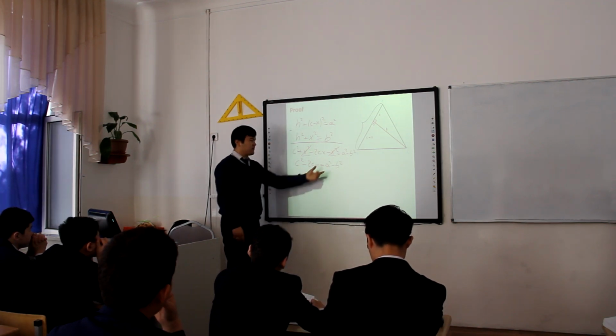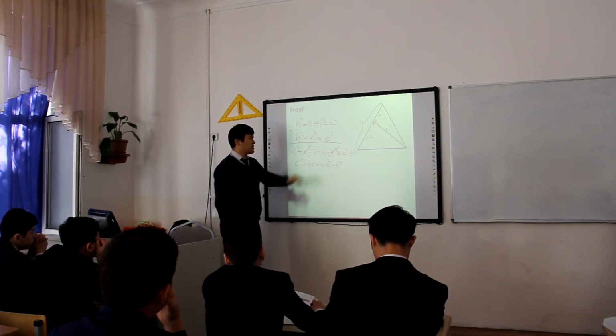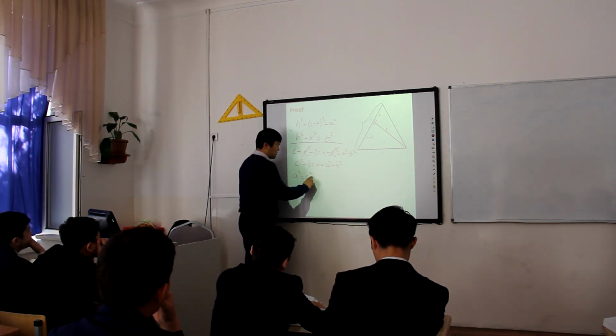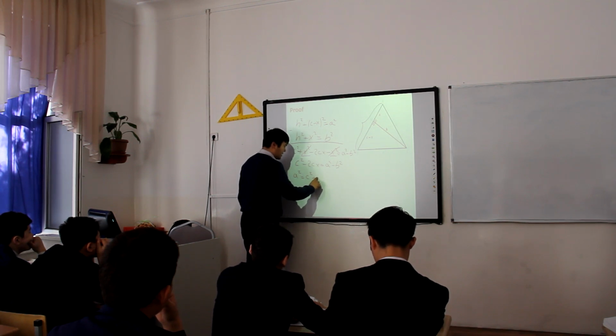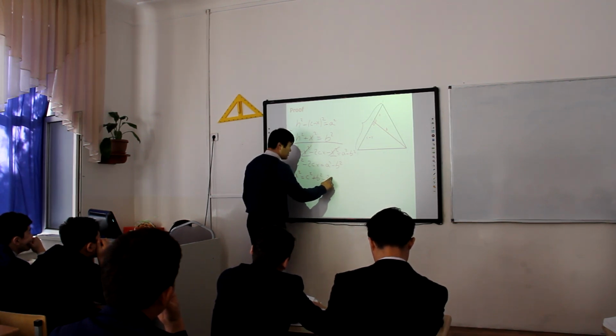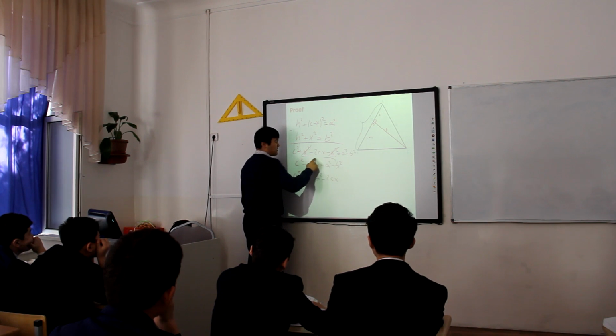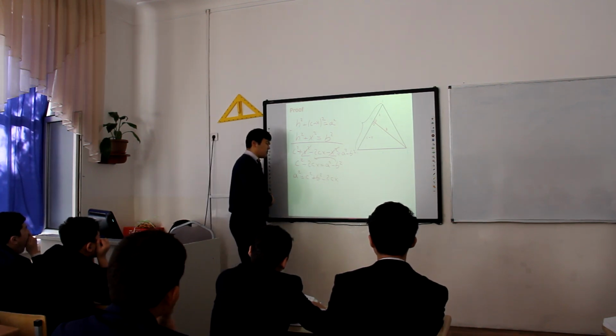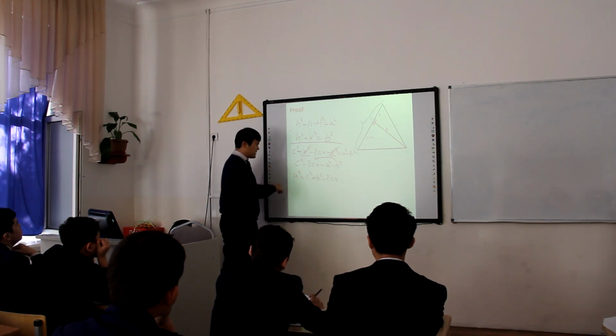Now let's leave just this a squared. A squared is equal to what will be? c squared plus b squared minus 2cx. I moved this b squared to the other side.